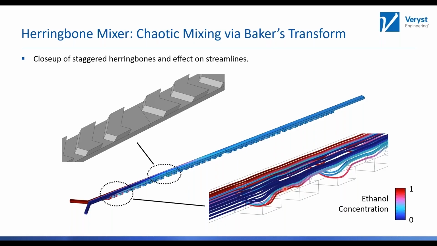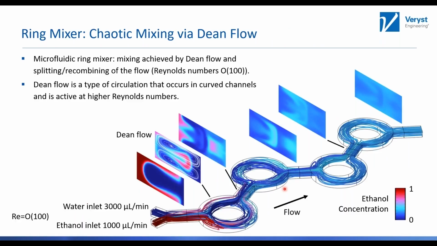So another type of microfluidic chaotic mixer uses Dean flow and splitting and recombining of the flow to achieve mixing. Dean flow is a type of circulation that develops as fluid moves around a curved channel, and it's active at higher flow rates and Reynolds numbers. So once again, this particular device still works in laminar flow, but the Reynolds numbers are higher, and the flow rates are higher.